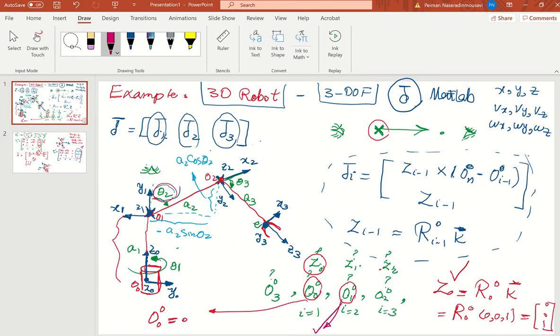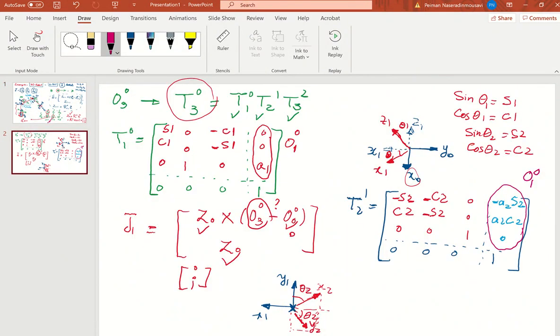Bingo. That's right. And now, for J1 I told you, so for J2, which is Z1 multiplied by 0,3 with respect to 0 minus 0,1 with respect to 0 in Z1.